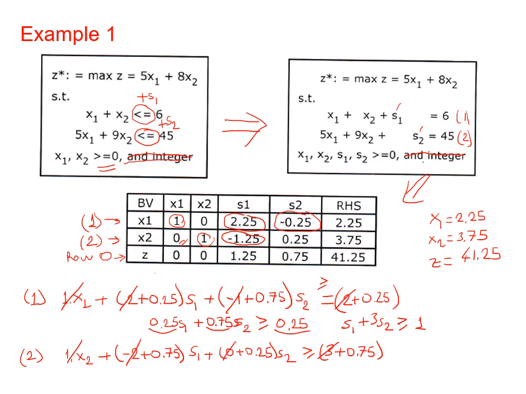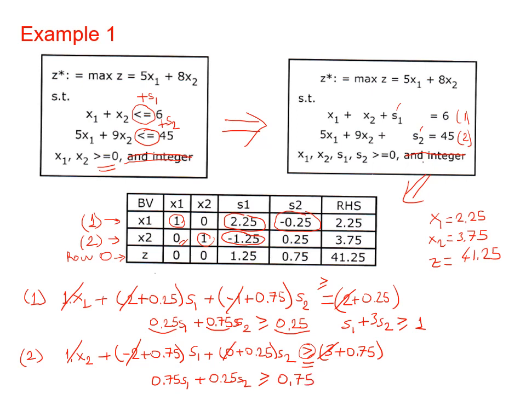Sorry, initially you should write this as equality, and when you delete the integer parts, you should convert it to greater than or equal to. And then we have this constraint: 0.75 S1 plus 0.25 S2 greater than or equal to 0.75.